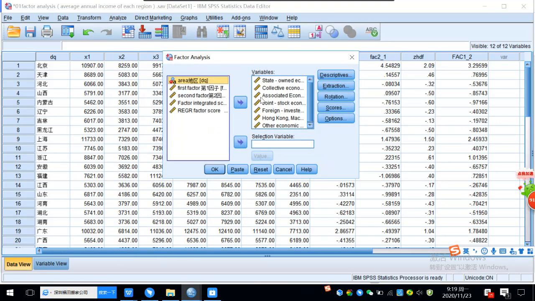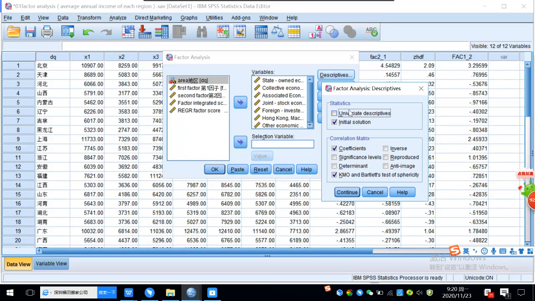Input all the variables into the variables box and then select Descriptives. In Descriptives, please select Coefficients, KMO, and Bartlett's test of sphericity. Continue.